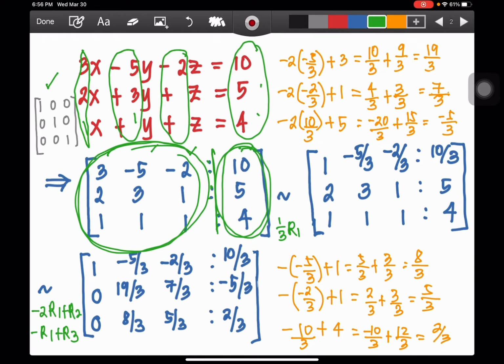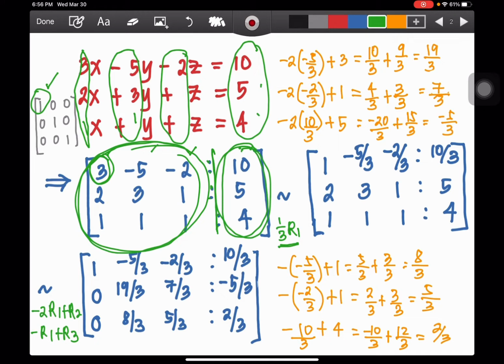So the first thing that we're going to do is to make this value equal to 1. To do that, we simply multiply it by its multiplicative inverse, which is 1/3. It's not only this number, but we have to multiply it to the remaining elements of row 1.